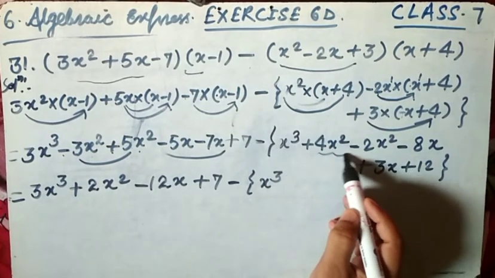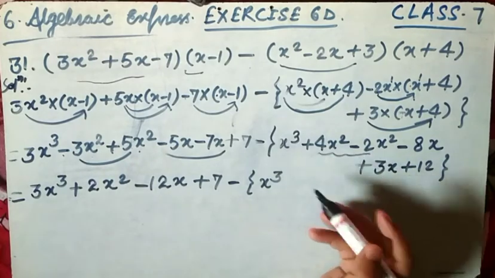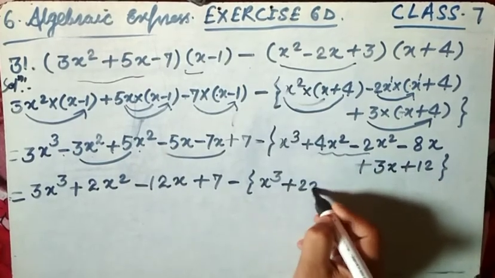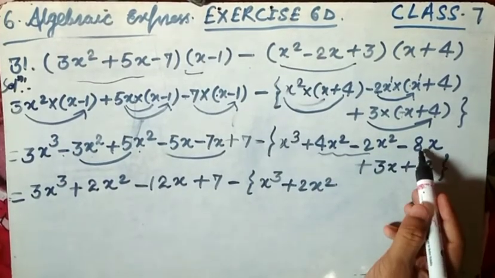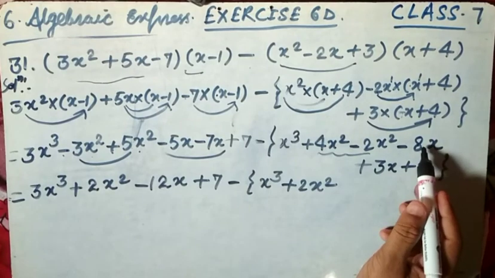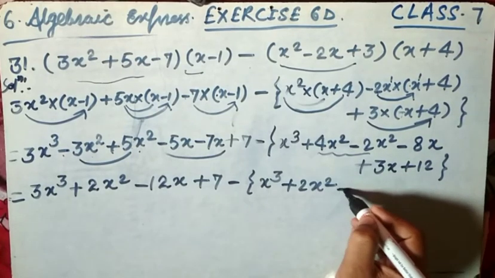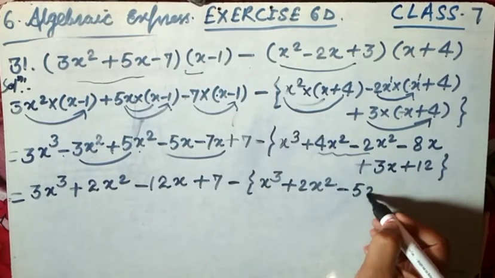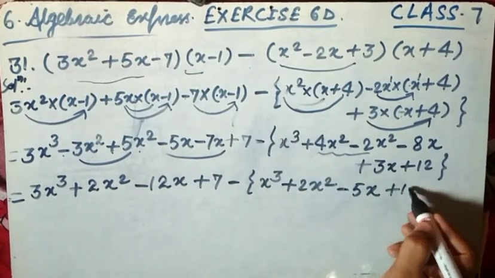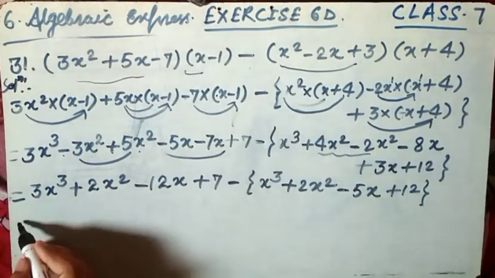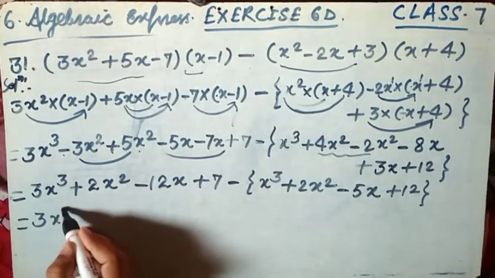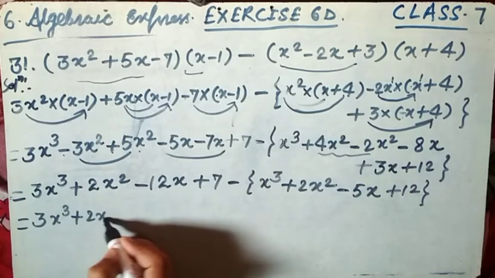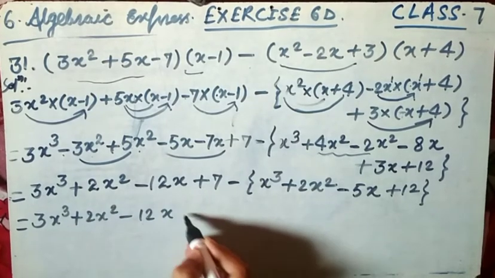Here have a look, x square, 4x square minus 2x square, yes, plus 2x square. Okay, here is the minus 8x, here is the plus 3x, this is the greater value, write the sign of the greater value, 8 minus 3 is 5x. Now here is the plus 12. Okay, now write this as it is, x cube plus 2x square minus 5x plus 12.